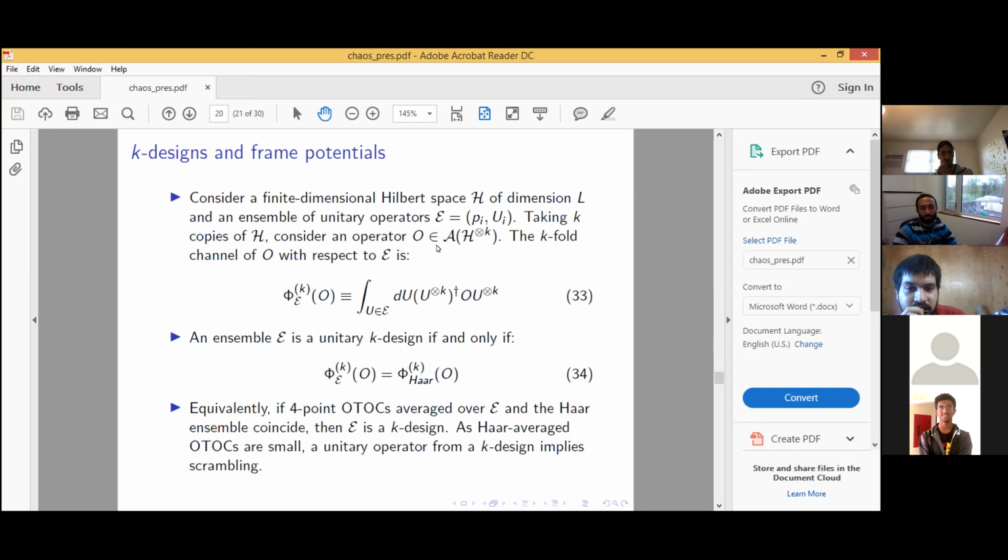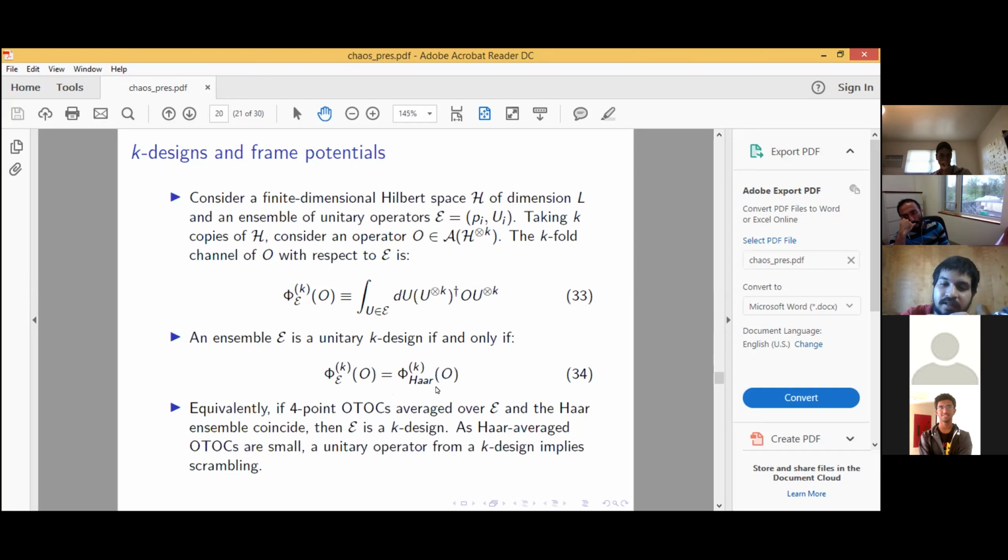Taking an operator that belongs to the algebra of H tensor product k times, we define this object phi_E^k, and we call it the k-fold channel of O with respect to the ensemble E. This object phi is defined as the following integral, and we say that an ensemble E is a unitary K-design if and only if phi_E is equal to phi over the Haar ensemble.